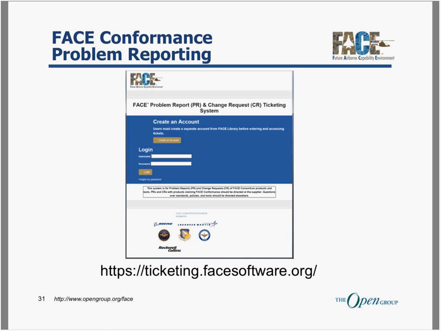The problem reporting is actually specific to conformance, and that is if there's a valid issue that is preventing a software supplier from getting their UOC through the conformance program, that goes through an expedited process, and an item called an approved correction can be developed.